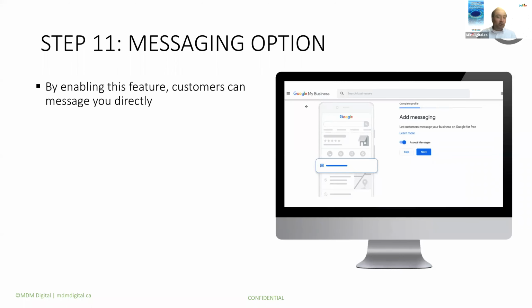The one thing that Google will do, and we only recommend that you do this if you're ready to, and if you have the team to answer in a speedy manner. Most people that send a message expect an answer back ideally within an hour, maybe even less. Google will turn off this feature on your profile if you start using it and Google starts seeing a pattern that you take more than 24 hours to respond.